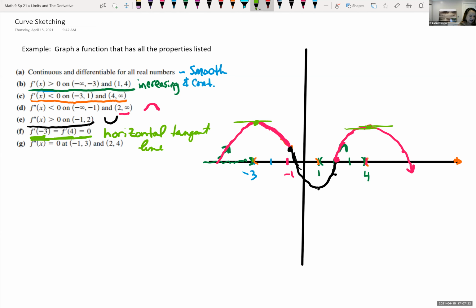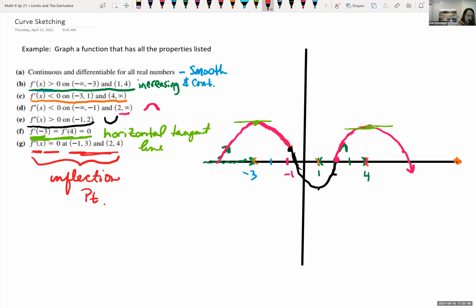And then the last piece, G, says that the double prime of x equals 0 at the points (-1, 3) and (2, 4). Okay, so this is where if our double derivative is equal to 0, we could have an inflection point. So this is where I'm going to be off a little bit. I had the right x values, but I don't think I put the right y values.